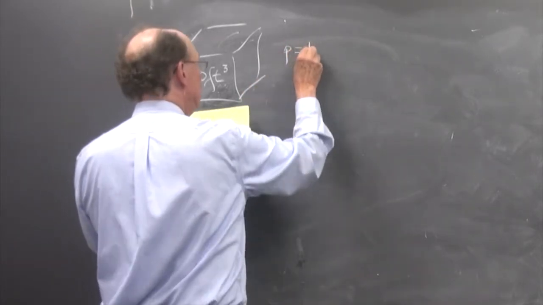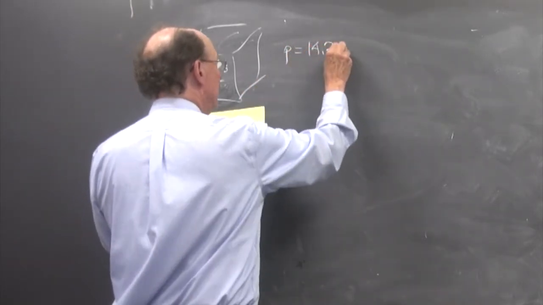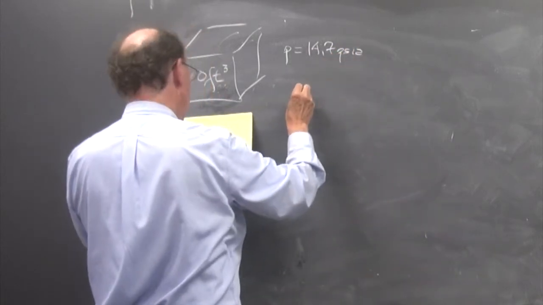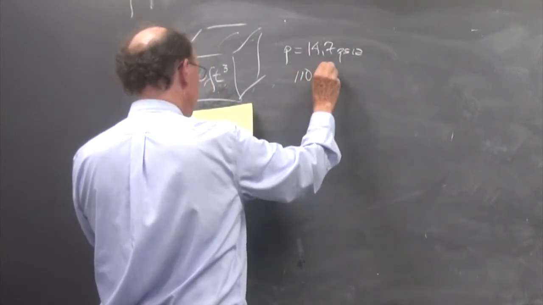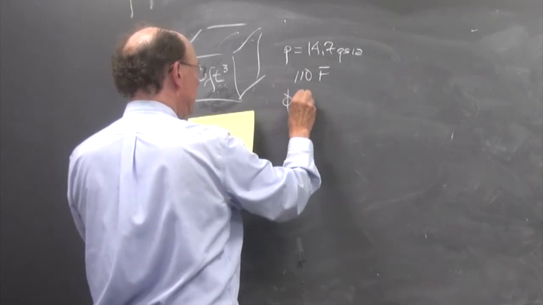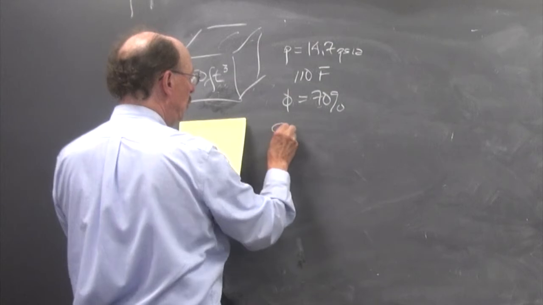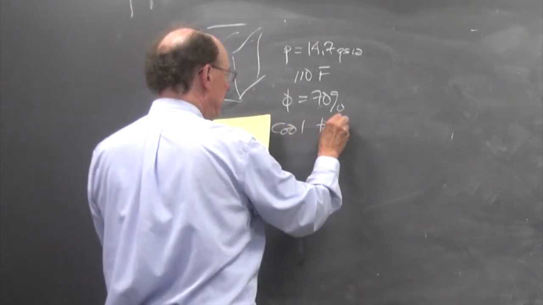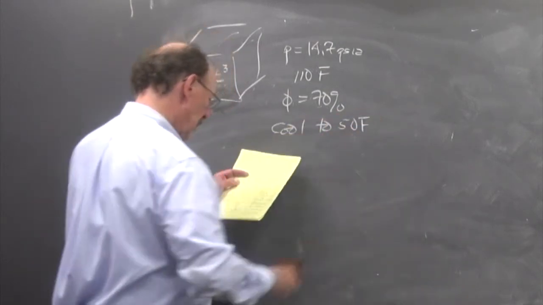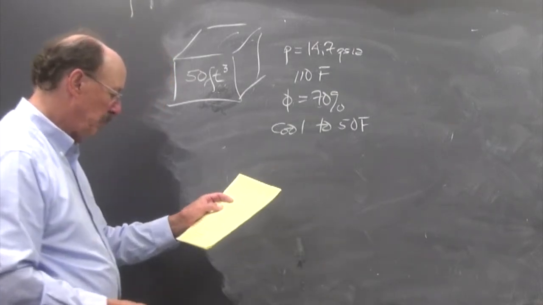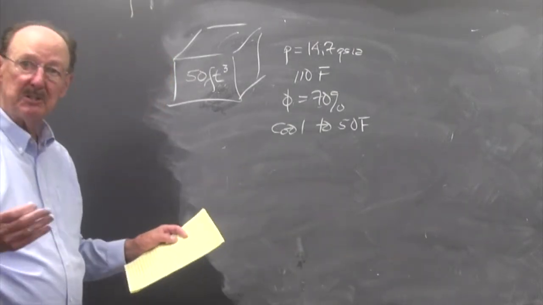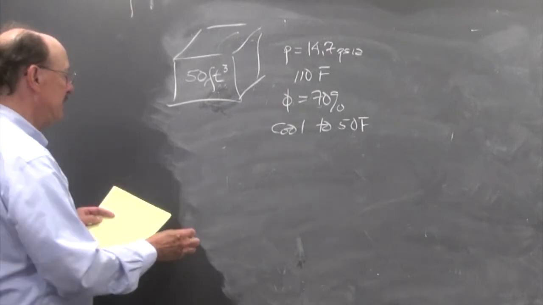P is equal to 14.7 psia, 110 degrees Fahrenheit, relative humidity 70%. And we're going to cool it to 50 degrees Fahrenheit. We want to find the heat, so we're going to do a first law analysis.